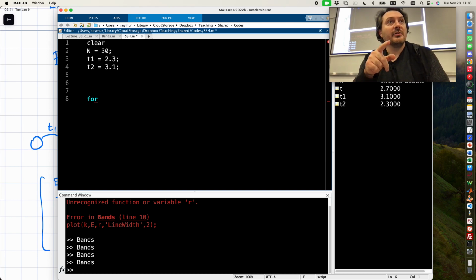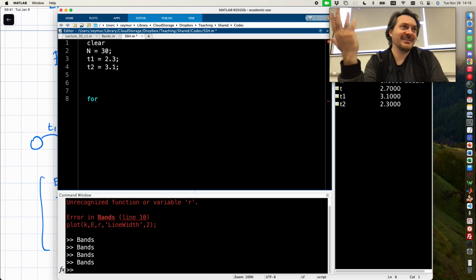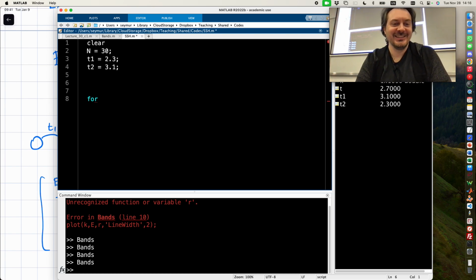So right now we are going to have the topologically non-trivial case because we start with a single bond. I know some of you are lost completely, but it's fine. It's not like I'm taking millions of hours from your life. It's just 10 minutes. Should be fine.